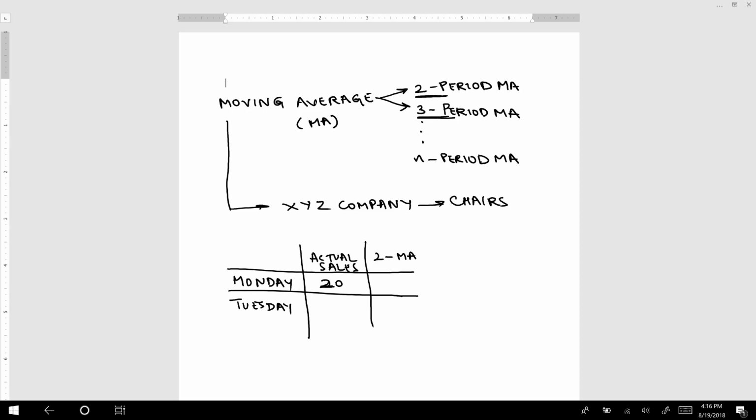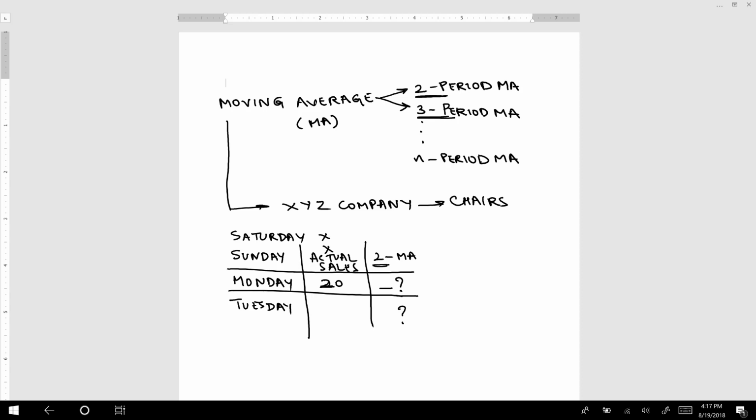As the name specifies, for a 2-period moving average we need the previous 2 time periods' actual sales. So we need the actual sales for Sunday and Saturday of the previous week to forecast Monday of this week. Since we don't have actual values, we are not able to forecast Monday. Similarly, to forecast Tuesday, suppose we got actual sales of 20 at the end of Monday.